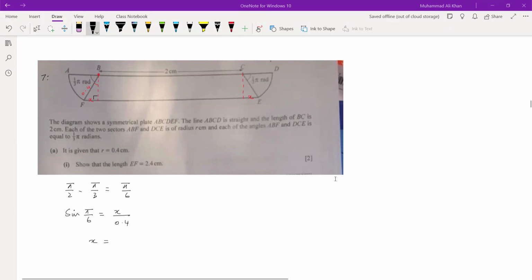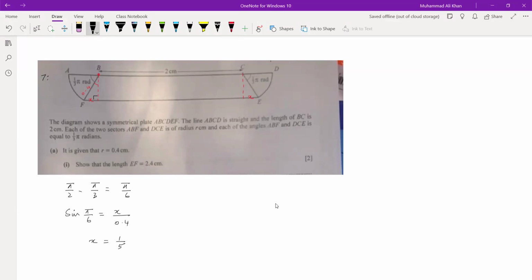The value of X is sine pi by 6 multiplied by 0.4. It is 1 upon 5. The value of X is 1 upon 5.